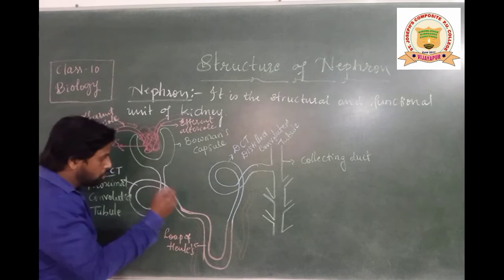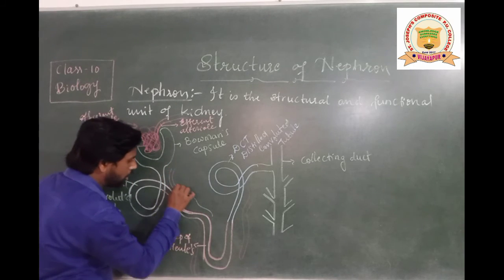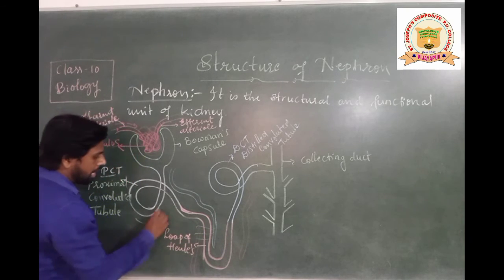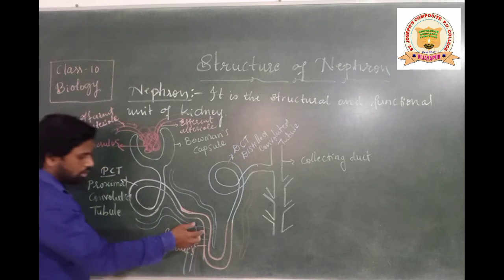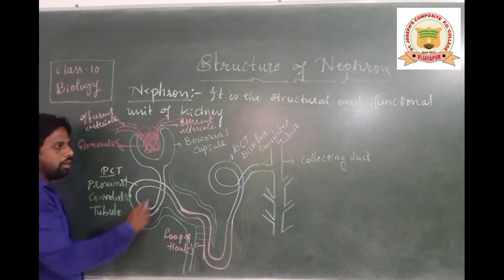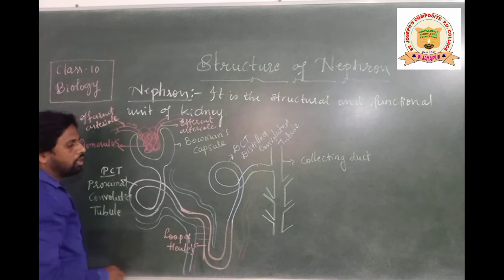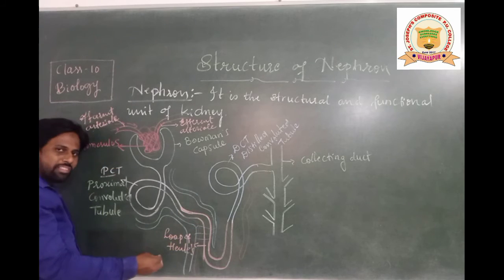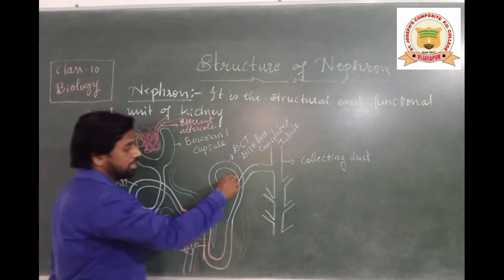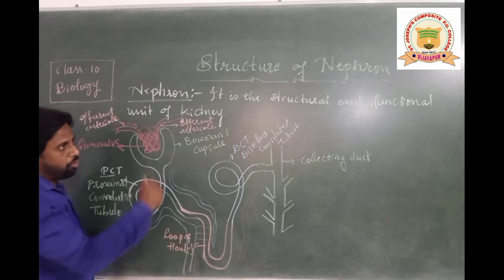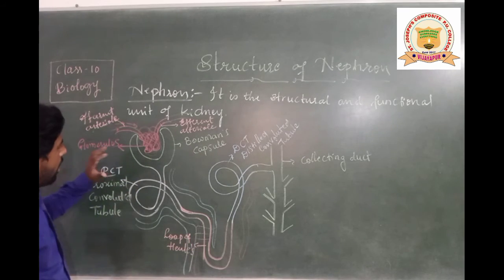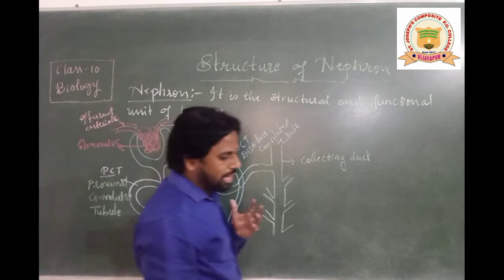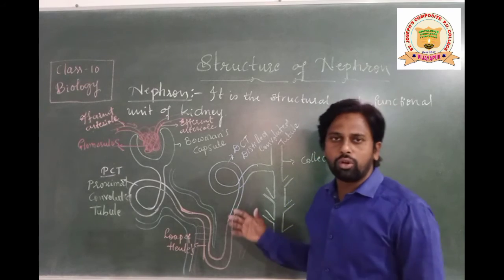There are 2 blood vessels connected to the complete nephron, students: one which is receiving the deoxygenated blood and one which is giving the oxygenated blood to each and every structure of the nephron as well as the kidney, students. Afterwards, in the next video, we are going to discuss exactly what function all these nephrons perform.